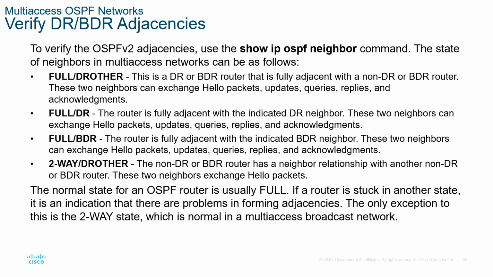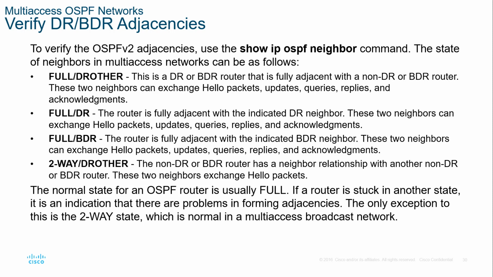Because again, the goal here is to have the DROther exchange hello packets, updates, queries, replies, and acknowledgements only with the DR and BDR. So if it's seeing its neighbor as a DROther, it can only send a hello packet, nothing else. The normal state for an OSPF router is usually full.